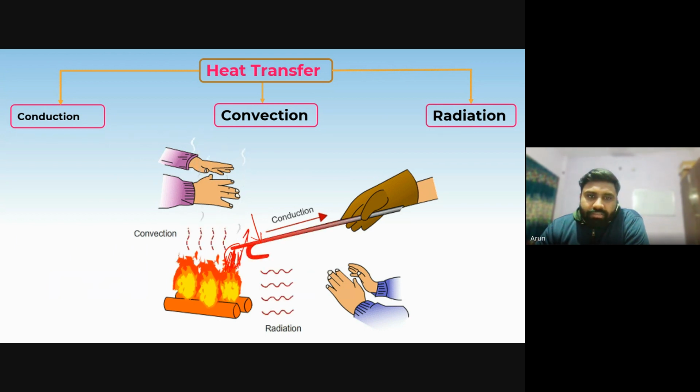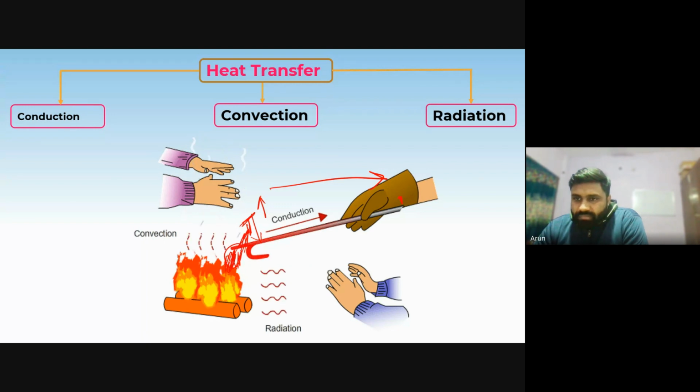Because the temperature of this side, because of the direct contact, will rise, so this end is at higher temperature and this end at lower temperature, and heat will transfer from higher temperature to lower temperature. This mode of heat transfer, in which direct contact with the source has to be made, is termed conduction.